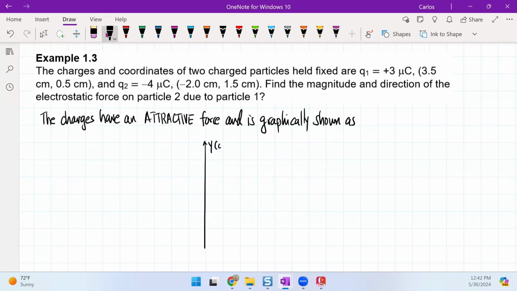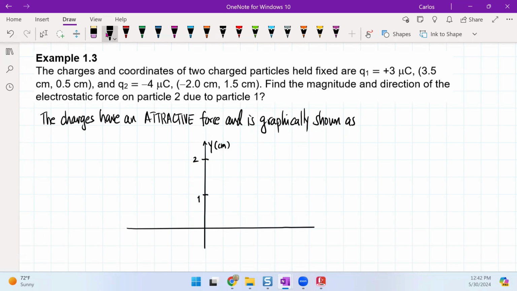And this is in units of centimeters, which is not good to use. And so when I'm looking at this, I'm going to set this to be my x-axis right here. And we might have to modify this. So I'm going to say that each 2 units is centimeters like that.